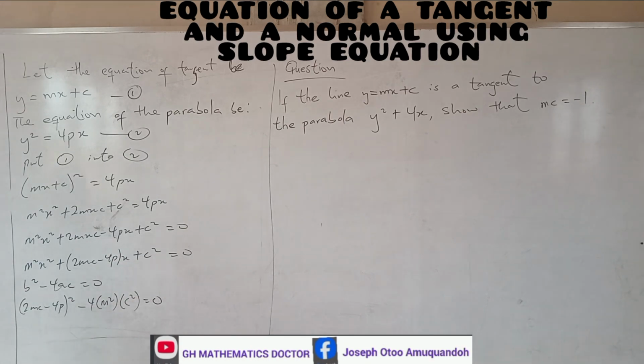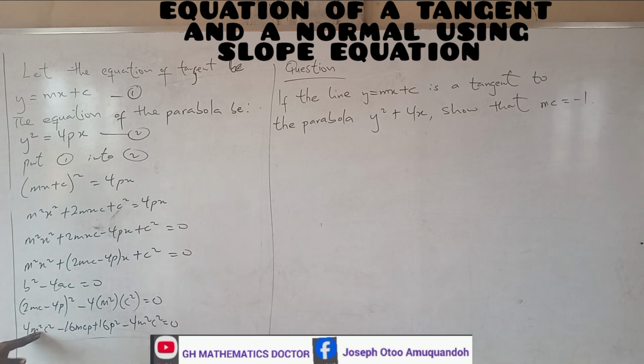With this one, we are going to expand the brackets. So we have 4m squared c squared, then minus 4 times 2 is 8, times 2 is 16mcp, then plus 16p squared, minus 4m squared c squared, which is equal to 0.